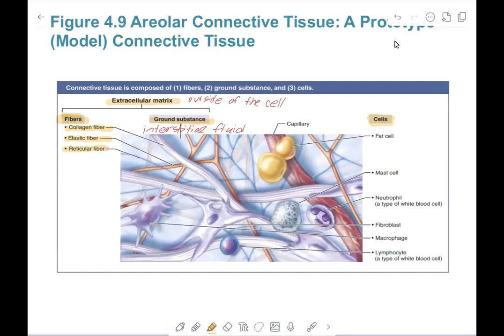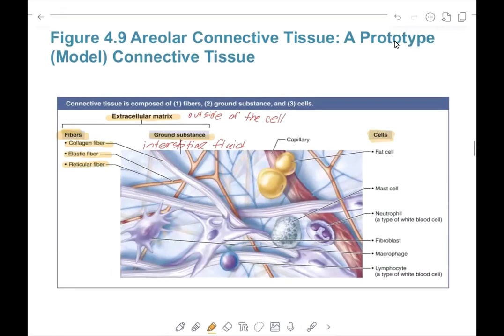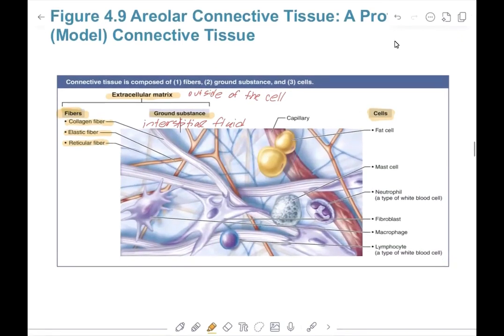So everything that you see on this screen doesn't really exist as a type of connective tissue. That's why the title of the screen is a prototypical or model of connective tissue. It's just to introduce you to all the different items that may be found in connective tissue.